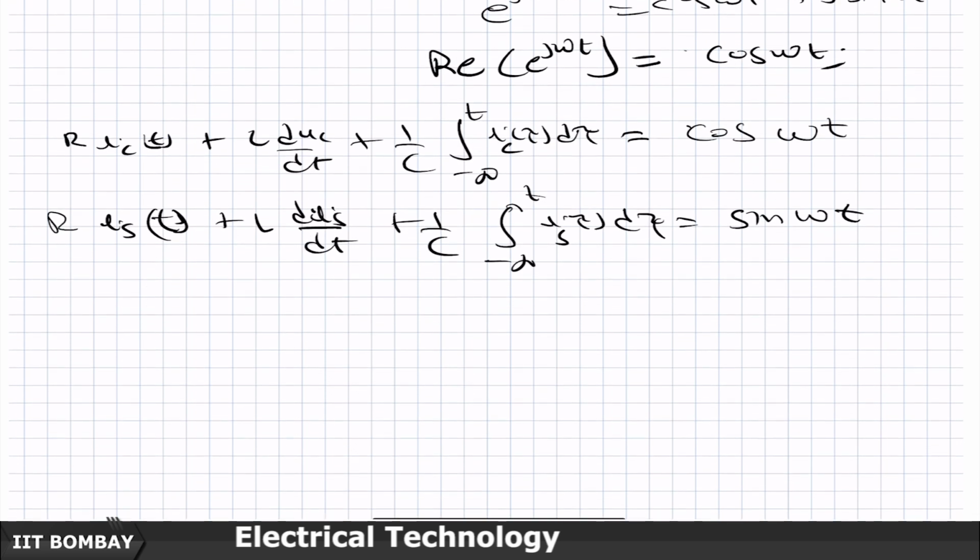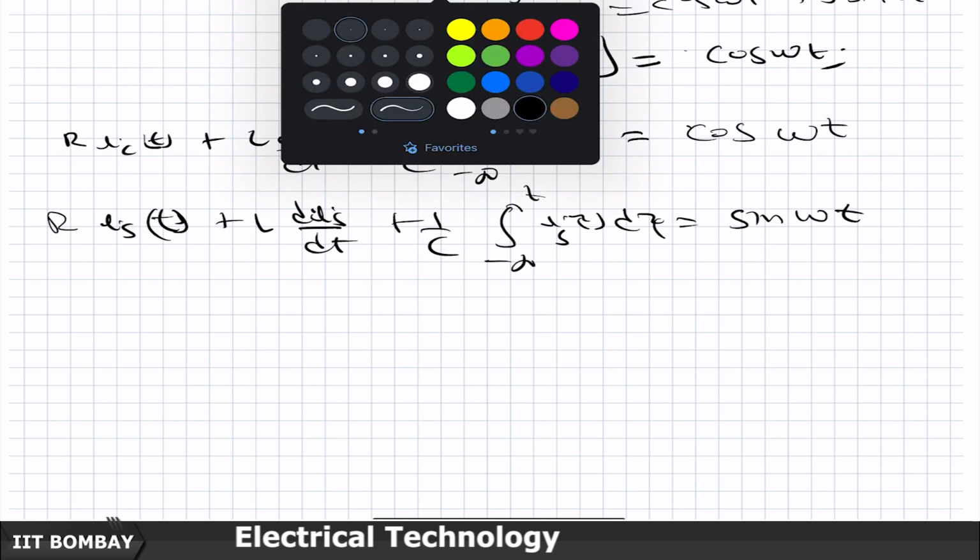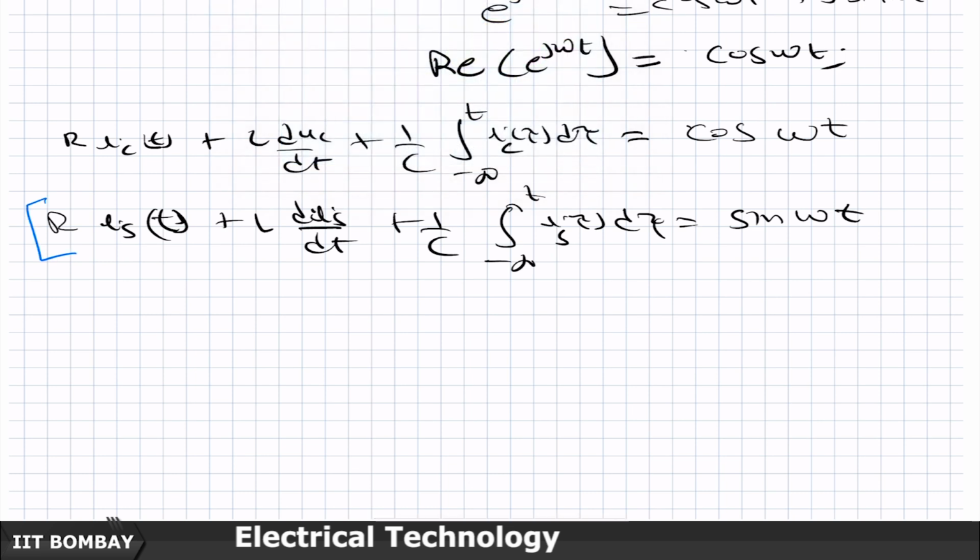So, now I am going to multiply this second equation by j and add it to the first equation. Then what will I get?